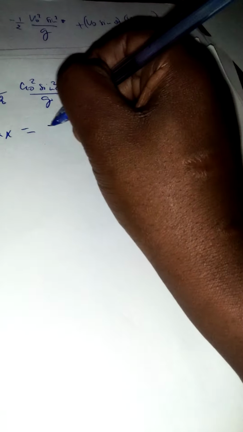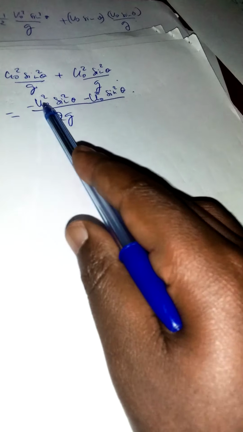So we can sum up in order to find the simplified equation. On the common denominator 2g, the first term is minus u0 squared sine squared theta and the second is plus 2 u0 squared sine squared theta, because the 2 is multiplied here.